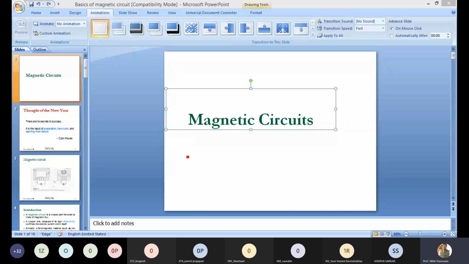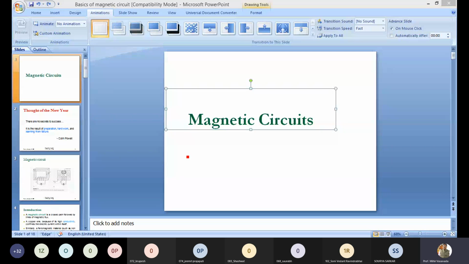Then there is a source which will produce the energy, which will produce or establish the flux. That is known as MMF, magneto-motive force. Current in the circuit is flowing due to the motive force, potential difference, as we discussed last time.